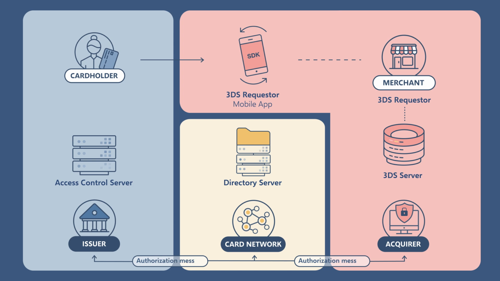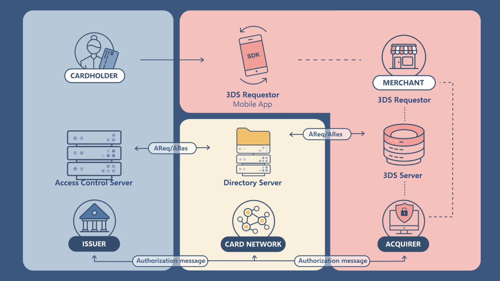This is followed by a versioning response carrying all relevant 3DS data for the card, which enables the PSP to decide how to continue. After this, the 3DS flow is initiated and the relevant information is sent to the NetCetra 3DS server. Then, the 3DS server sends the authentication request to the payment network or directory server, and finally to the issuer, or the access control server.